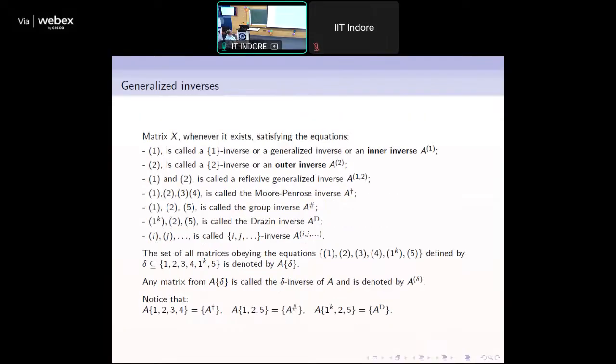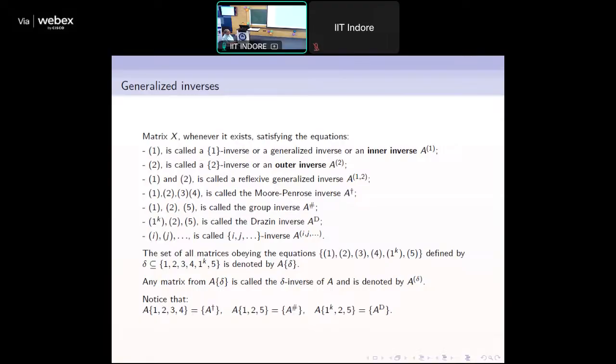If we consider solutions of only matrix equation 1, such G inverses are called 1-inverses or inner inverses. One individual inner inverse is denoted in this way. If we consider only equation 2, we consider the class of 2-inverses, and one individual 2-inverse, or outer inverse, is denoted in this way.